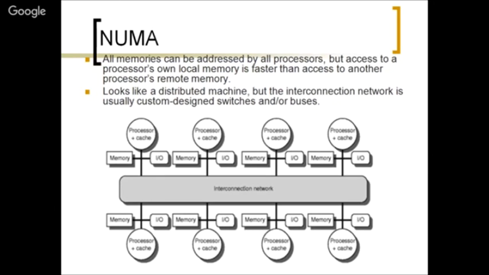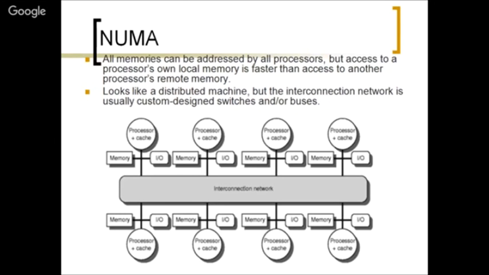Obviously, the access speed will vary. This is the major bottleneck in NUMA. In UMA we want the access speed to remain the same, but it does not remain the same in NUMA. The speed to its own memory will obviously be faster than the speed for accessing the memory of another processor. But it can access those.